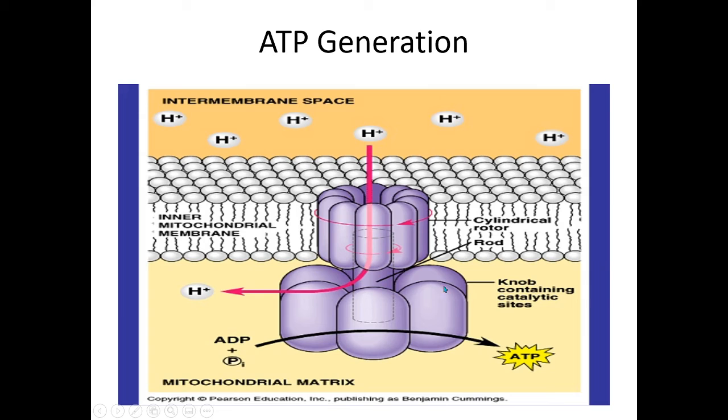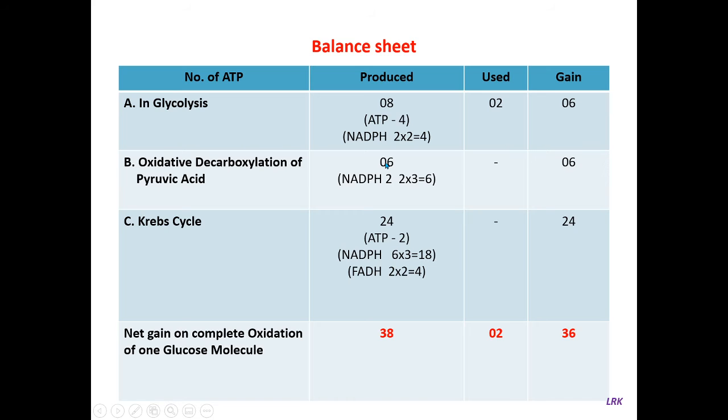This is the rotary head, which revolves, which rotates, by the flow of these protons through this channel, which creates an electric force that makes this rotate, and using the energy generated here, ATP formation takes place: ADP takes one inorganic phosphate and ATP is formed. So this is the ATP generation. For each NADH, 3 ATP; for FADH, 2 ATP; and cytosol NADH also gives 2 ATP.